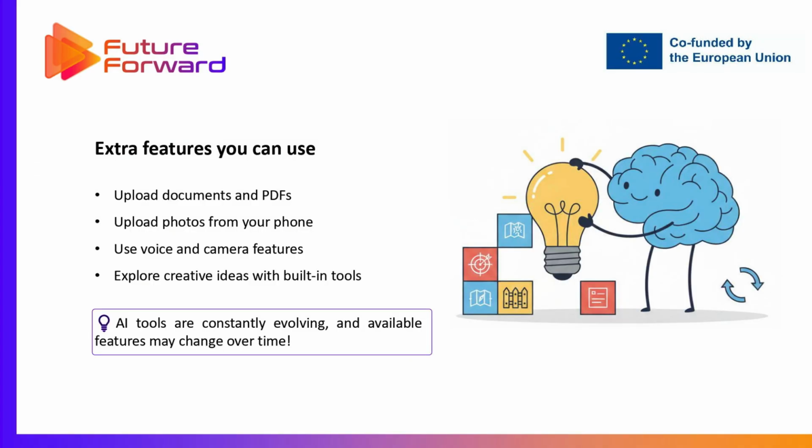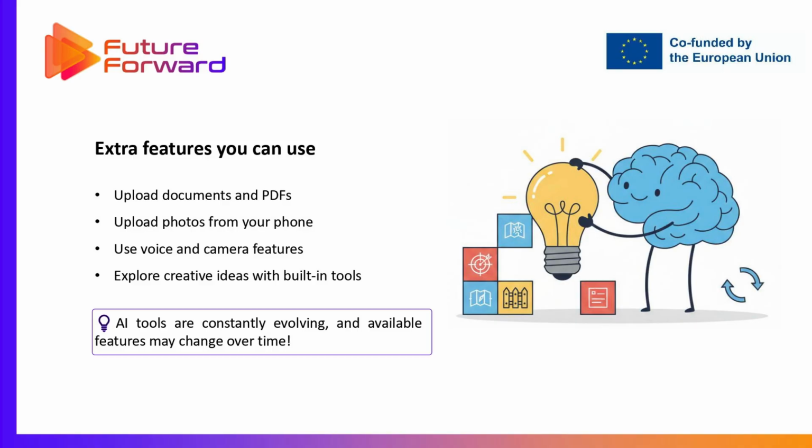Now that you know how to write clear prompts, let's look at some additional features that can make tools like Google Gemini even more helpful in your daily life. Today's AI tools can work with many types of information, not just text. For example, you can upload long documents or PDFs directly into the chat and ask chatbots to summarize them, explain difficult sections, or extract key points. This is extremely useful for things like bank letters, medical documents, or technical instructions.